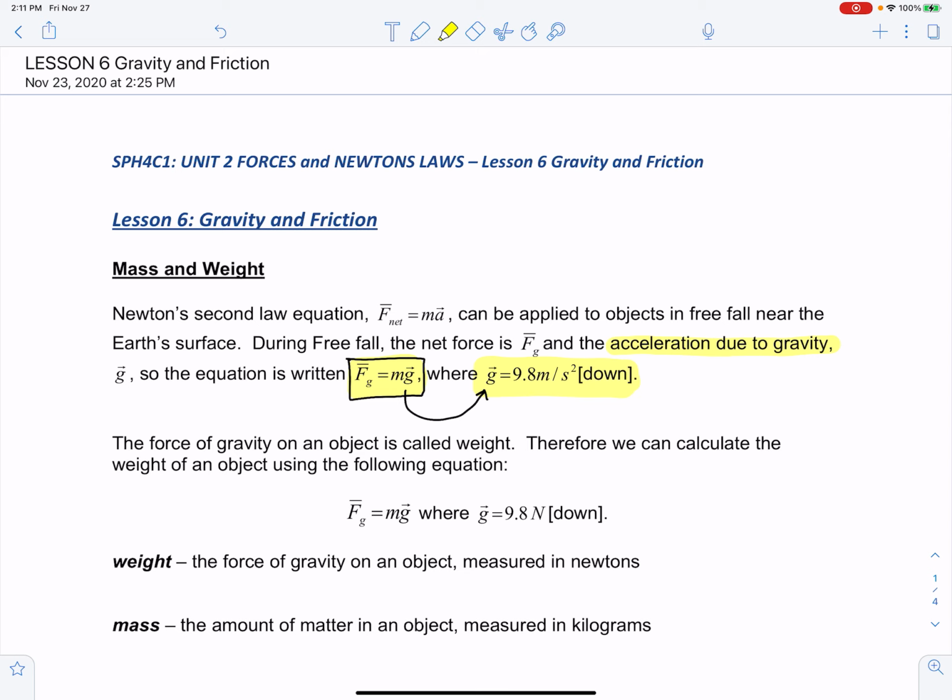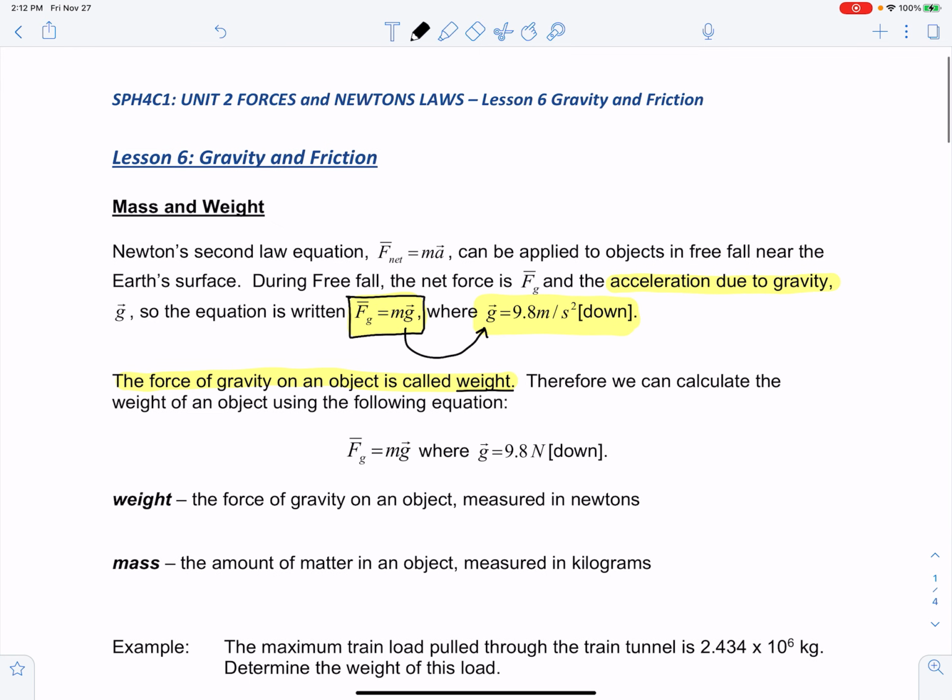The force of gravity on an object is called weight. Therefore, we can calculate the weight of an object using the following equation for gravity.